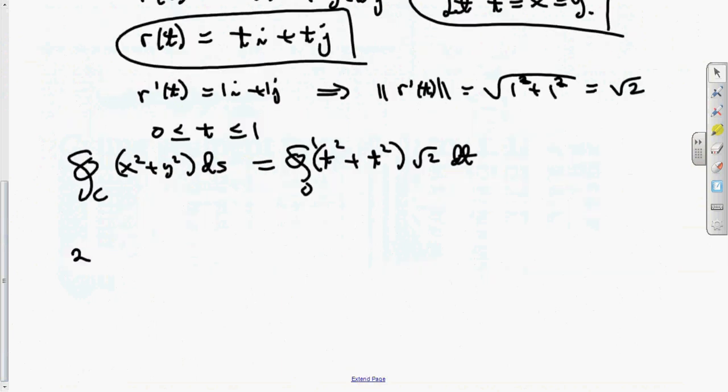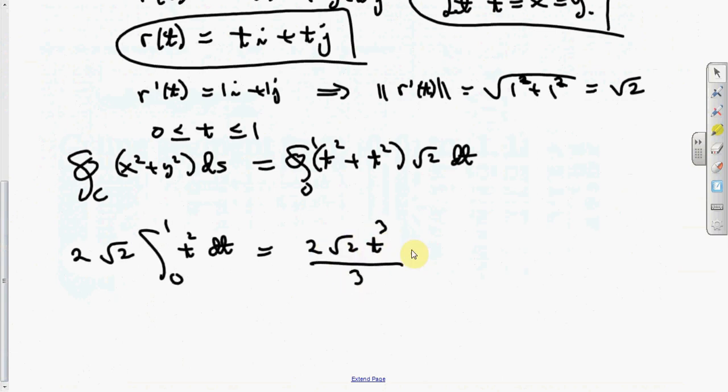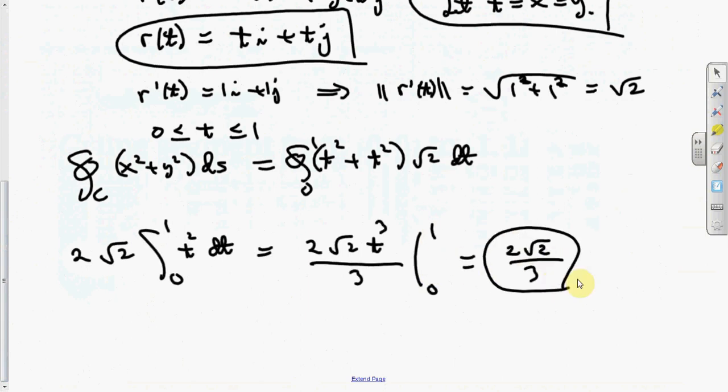So this is 2 times the square root of 2 times the integral from 0 to 1 of t squared dt. So we integrate this. This is 2 times the square root of 2 times t to the third over 3. Evaluate that from 0 to 1. Then all we have is 2 times the square root of 2 all over 3. Same old integration. We just got to know where this guy goes and where that guy goes, right?